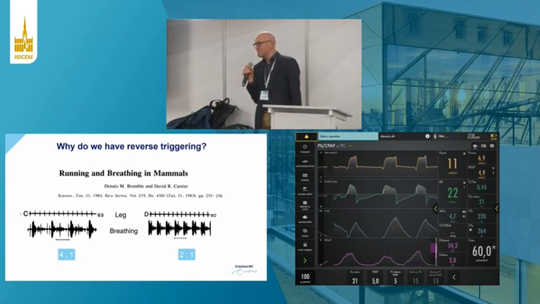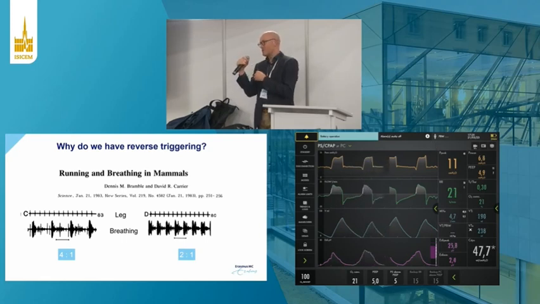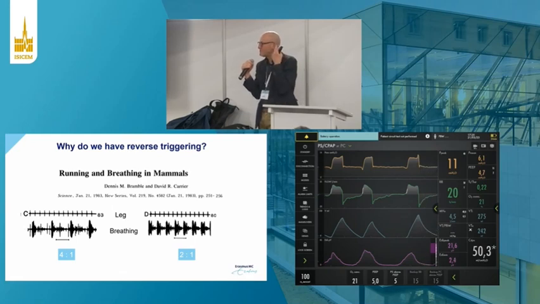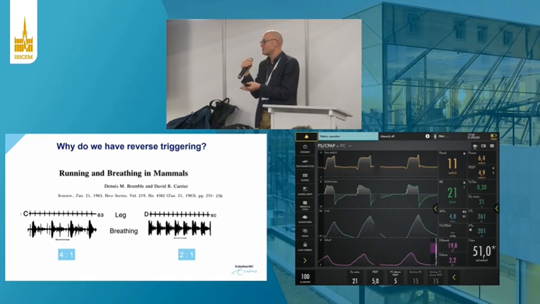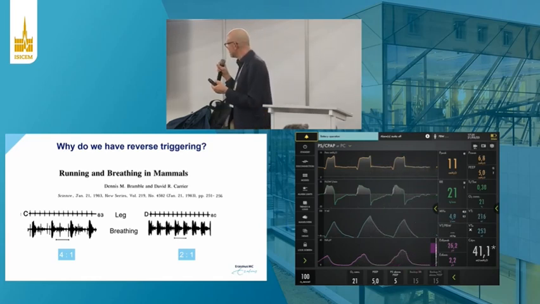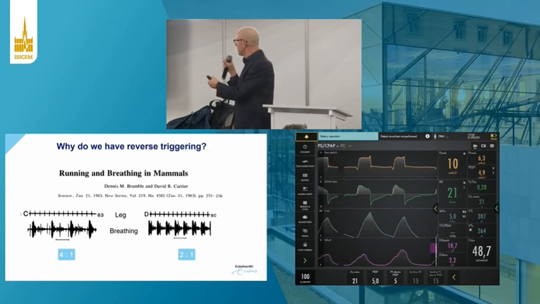So that's probably the reason. There are receptors in the lung, but also in your arms and legs, that provide inputs to your respiratory centers to synchronize breathing with external stimuli. I think this paper is really fantastic if you want to read it. They studied it in horses and in humans as well.